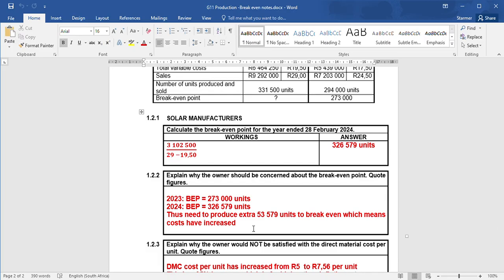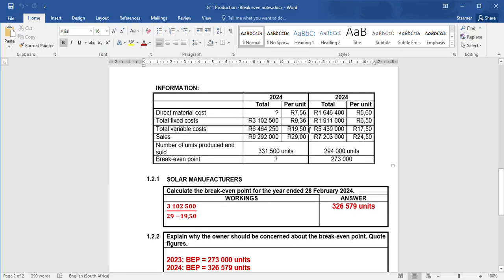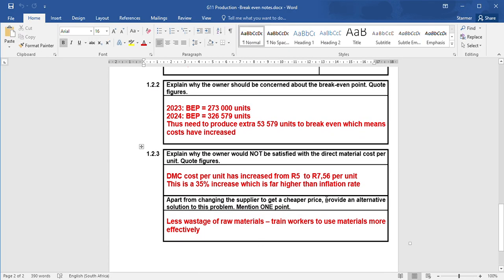Explain why the owner should not be satisfied with the direct material cost per unit. If you look at the direct material cost per unit, it's gone from R5.60 to R7.56, almost R2 increase. And if you work out the percentage increase, in other words, you take the increase over R5, it gives you a 35% increase, and that's much higher than the inflation rate.